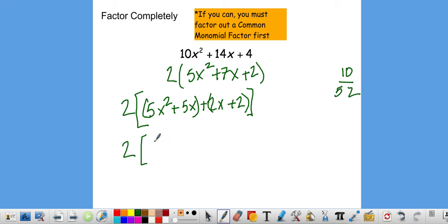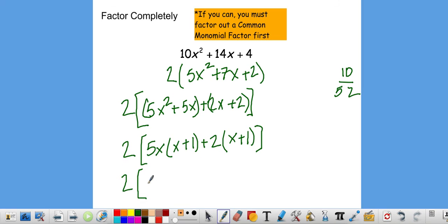We can factor out a 5x here, and then we're left with x plus 1. We can factor out a 2 here, and we're left with x plus 1. And then finally, we can factor out an x plus 1, and then we have 5x plus 2 left over. And that's factored completely.